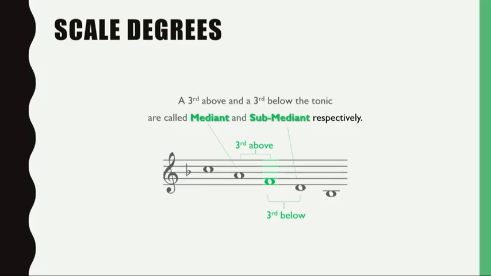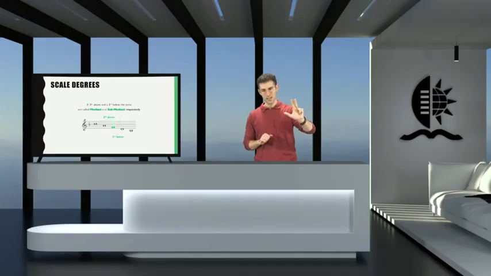Then we get something called mediant. Mediant means in the middle. It's the middle note between the tonic and the dominant, or for the submediant, between the tonic and the subdominant. Let's have a look at what they are. In F major, if we go up 3 notes, F, G, A, we get the letter name A. That is the mediant.